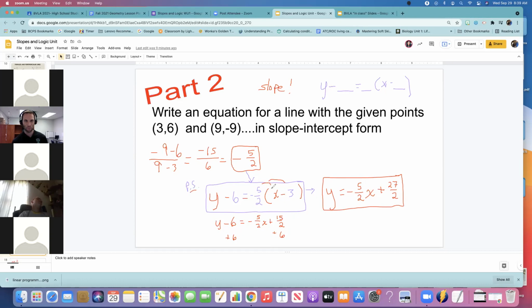So this is point slope form, and this is slope intercept. In other words, it tells me that the slope is -5/2, and this tells me that the intercept, it touches the y at 27/2, it's 13.5. And then this tells me that the slope is -5/2, and the point is 3, 6. Now if you plugged in the point 9, -9, so y plus 9, and this is because it's minus negative, equals -5/2 times x minus 9, you would simplify to the same way.